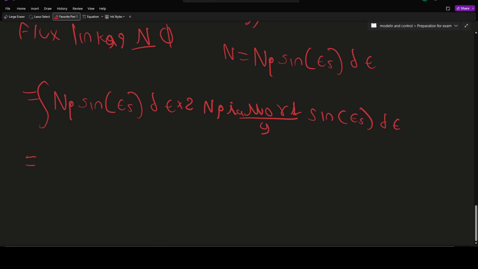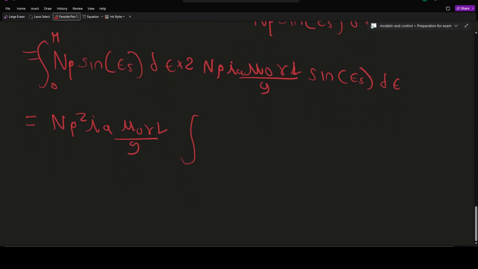And we're gonna have MP squared, yes, IA mu naught RL over G, integral. Now, since we are doing first phase A, we are going from 0 to pi.